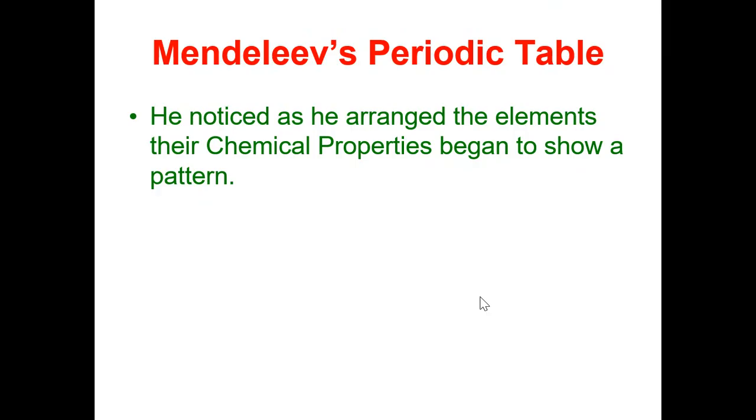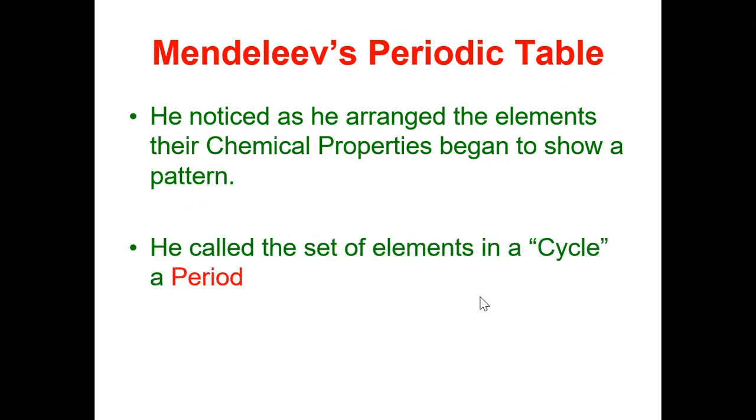That cycle to go through from property, element, until it gets back to that same property, he called a cycle. And he arranged the periodic table so that each row on his table represented a cycle, or as he initially called it, a period.